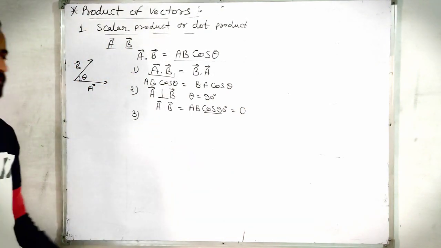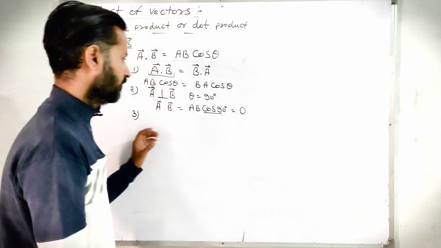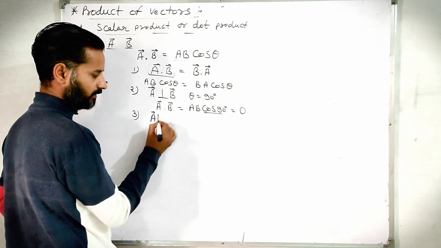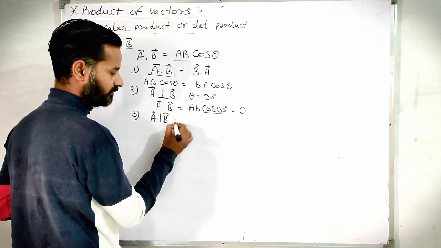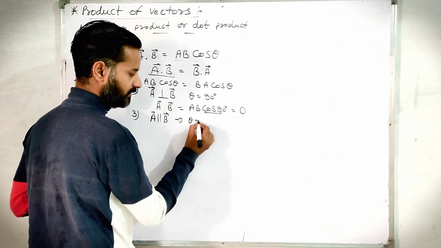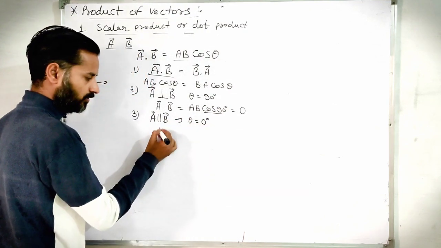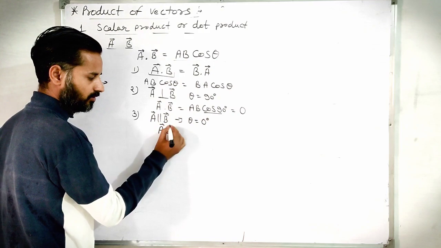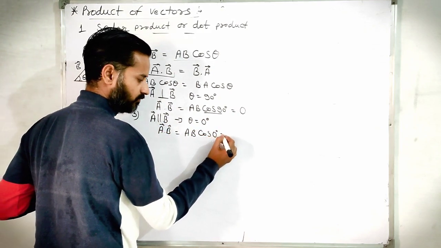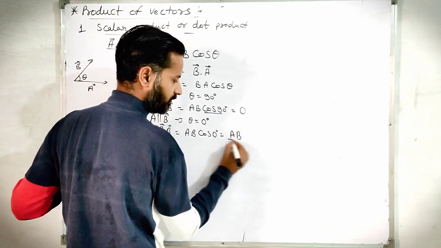Next one is the dot product of two parallel vectors. Let A vector be parallel to B vector. In this case, the angle theta will be 0 degrees. So A dot B will equal AB cos 0 degrees. Cos 0 has value 1, so we get AB, which is the maximum value.